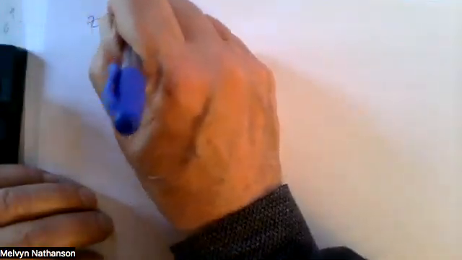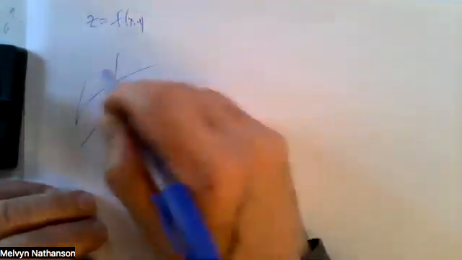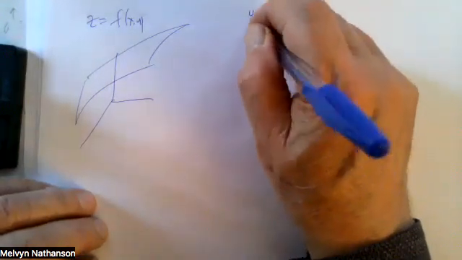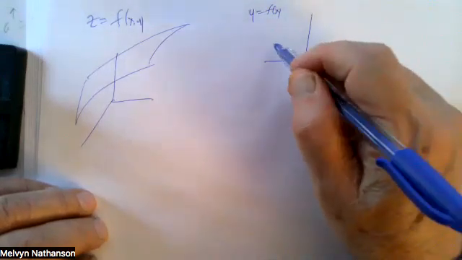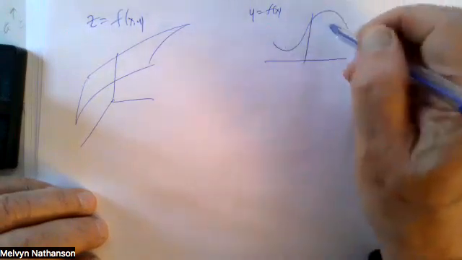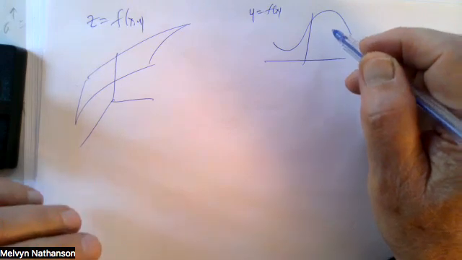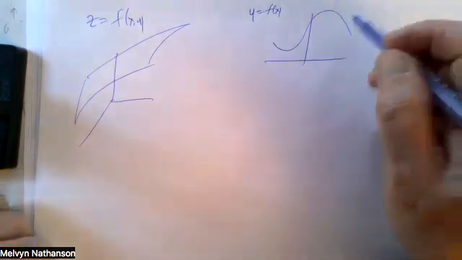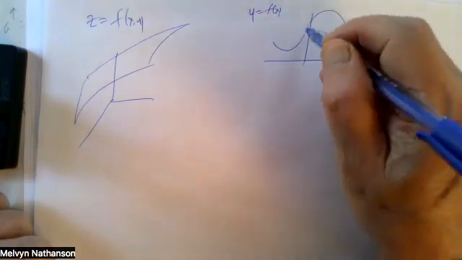Now, suppose we have a function z equals f of xy. So the graph is some surface in space. Let's compare that with y equals f of x, a function of one variable. And the graph is a curve in the plane. And you might want to know how quickly the function y equals f of x is changing.